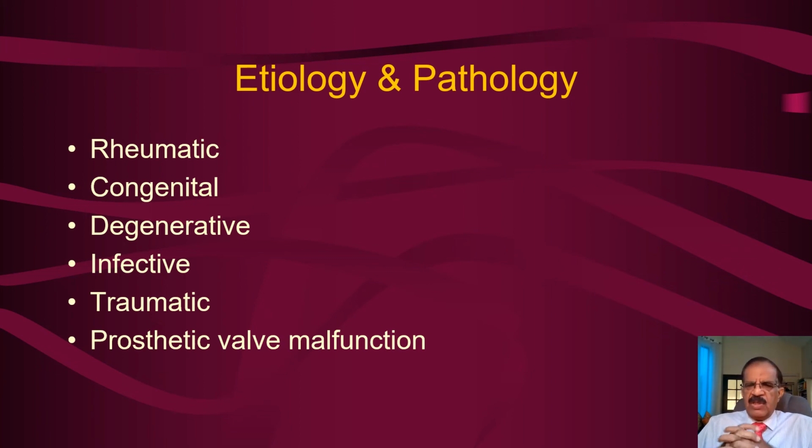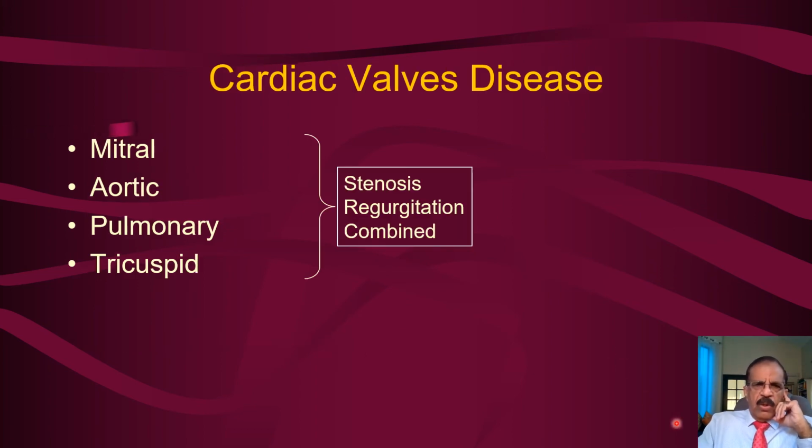Echocardiography is a great tool for the diagnosis of valvular heart diseases. So whether congenital heart disease or valvular heart disease, echo plays an extremely crucial role. Now, all these four valves, the function of the valve is to open when it has to.